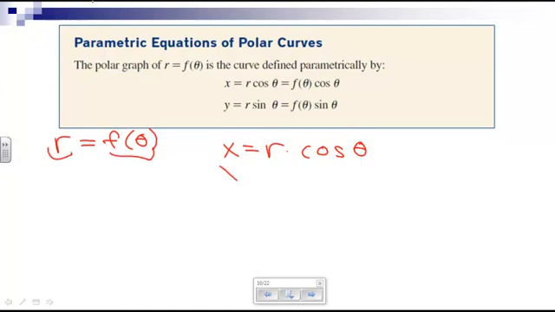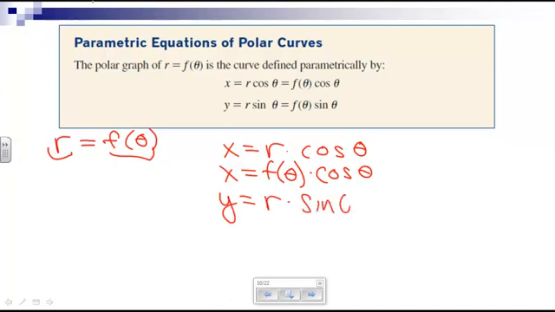I can take this occurrence of r and replace it with whatever function of theta we're working with at that moment. And what do I get? x is a function of this new independent variable, call it theta. It sounds like x is acting like a parametric. What about y? y was r sine theta, but if r is really just some function of theta, y is just some function of theta too.